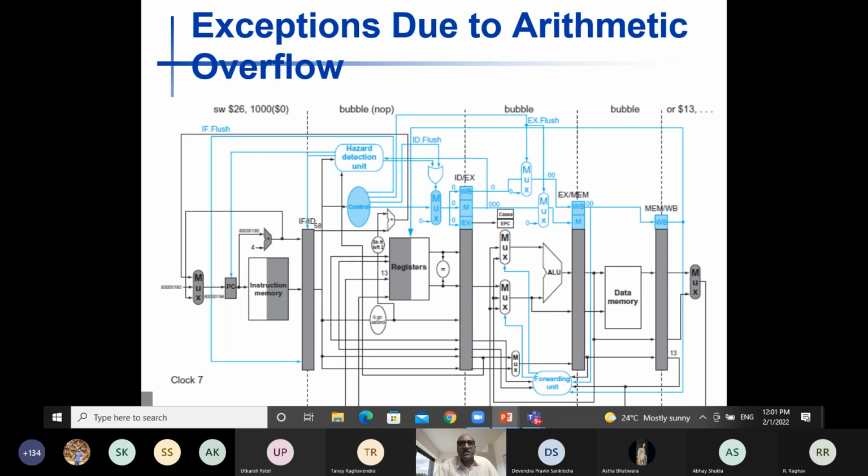This way, exceptions can be inserted into the normal processor along with the regular program execution.